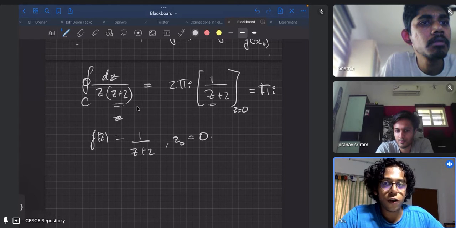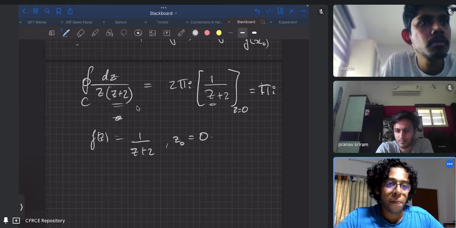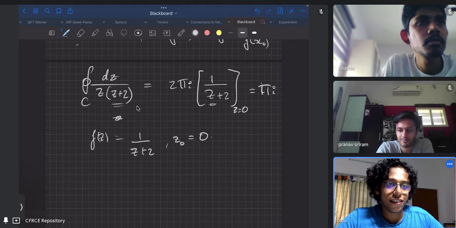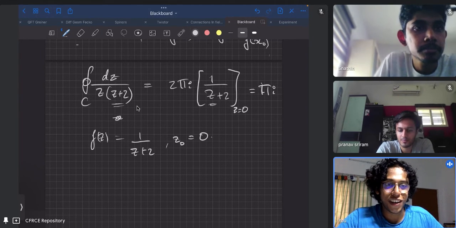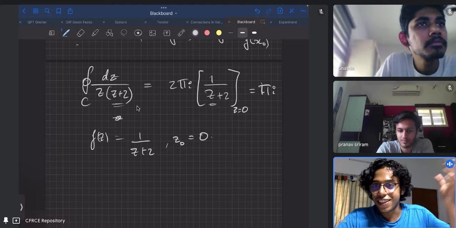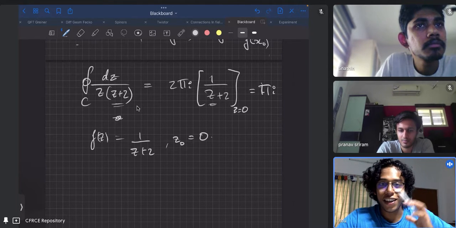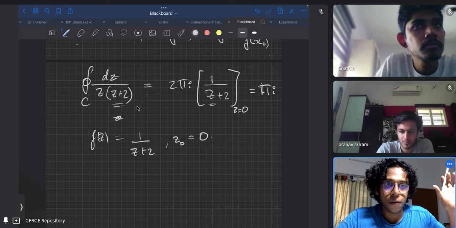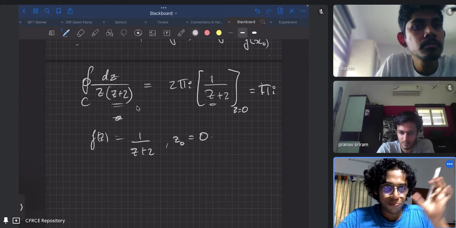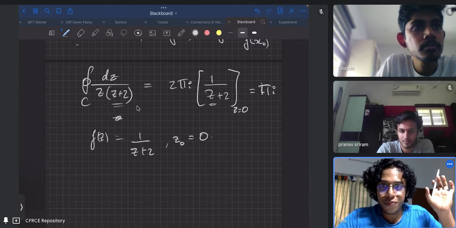I haven't specified a contour. Right now I'm just saying there is an arbitrary contour, and I want you to compute this integral over the contour, without even talking about where the contour is, right?